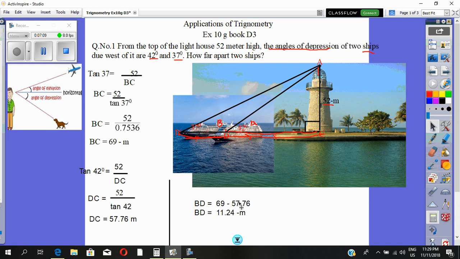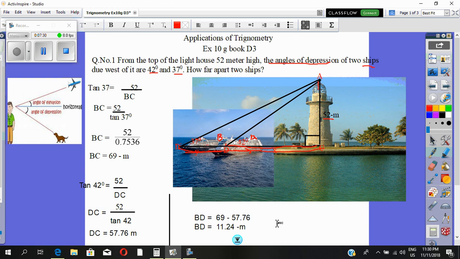And now BD equals BC minus DC. Means here the total is BC. BD equals BC minus DC.